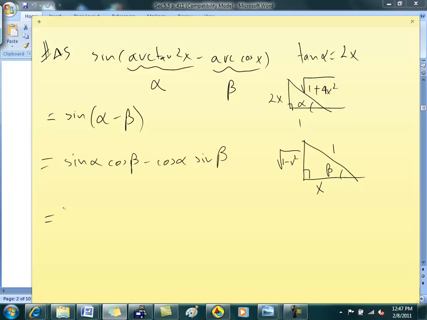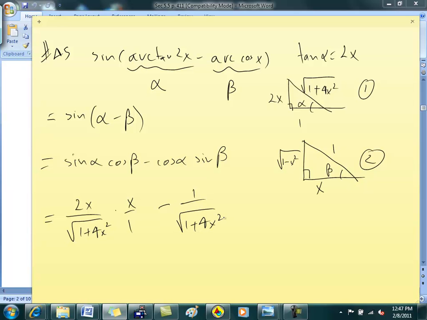Now I need to get sine alpha out of triangle number 1. This is triangle number 2. So sine alpha from triangle 1 is equal to 2x over the square root of that beast. Cosine beta from triangle 2 is x over 1. Minus cosine alpha out of triangle 1 is 1 over the beast, and sine beta is the small beast over 1. Then you just kind of smoke this.